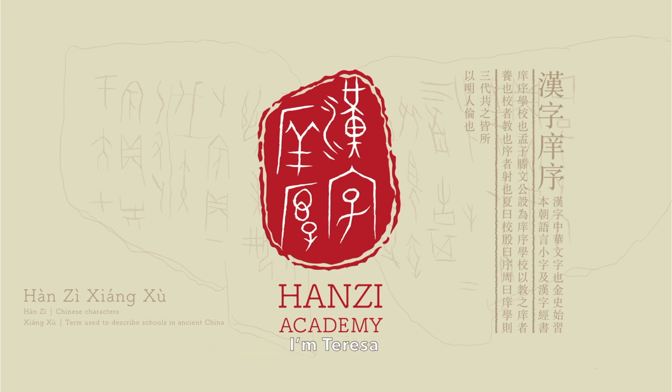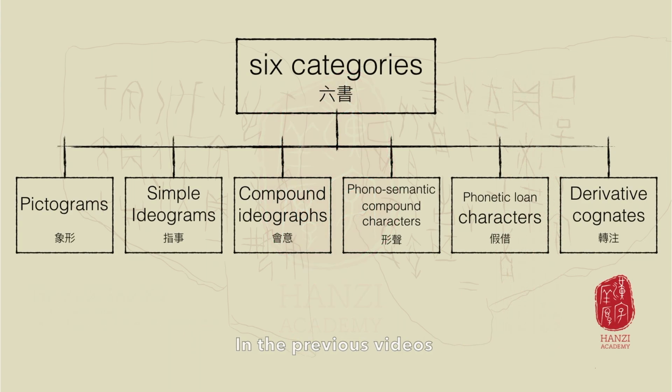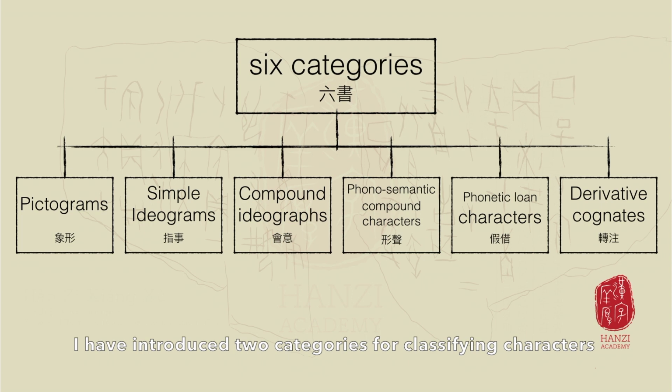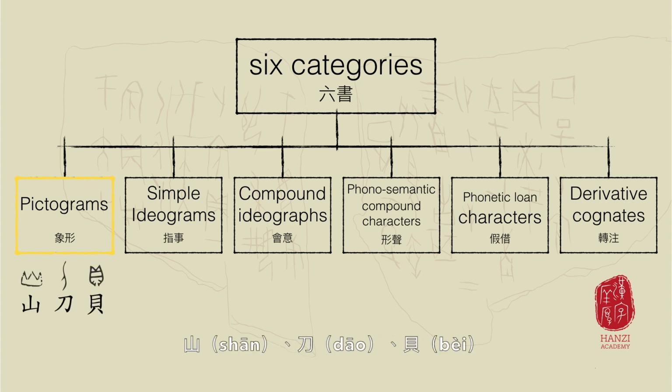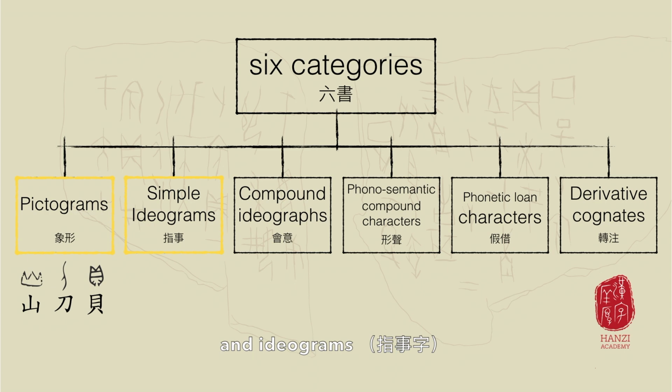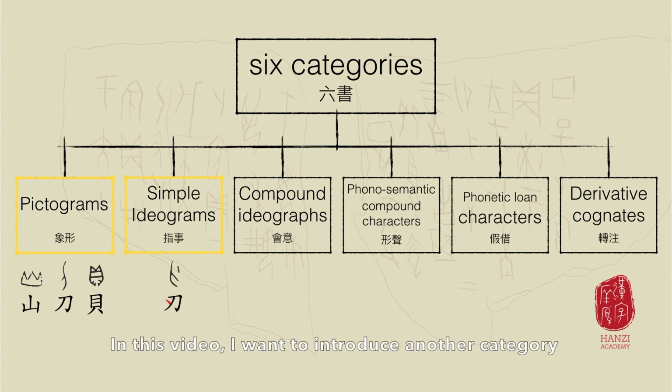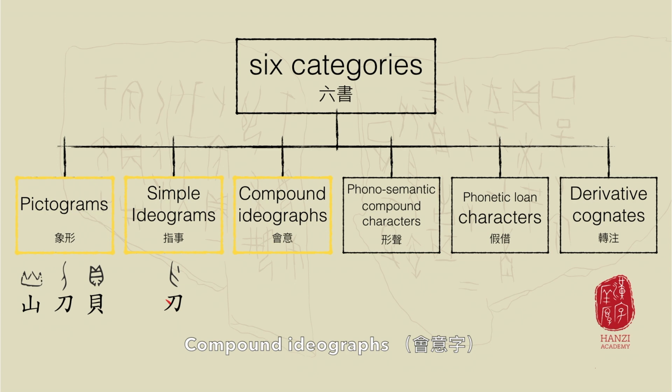I'm Teresa. In the previous videos, I have introduced two categories for classifying characters: pictograms 象形字 such as 山 and 刀背, and ideographs 指示字 such as 刃. In this video, I want to introduce another category, compound ideographs 会意字, also called logical aggregates.